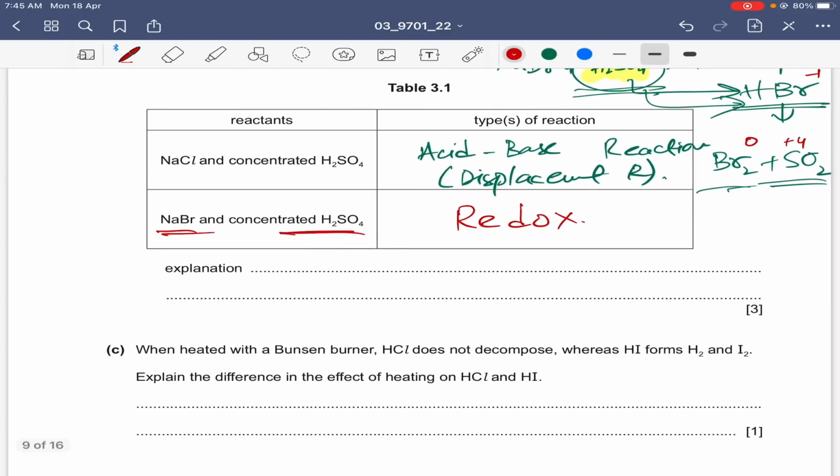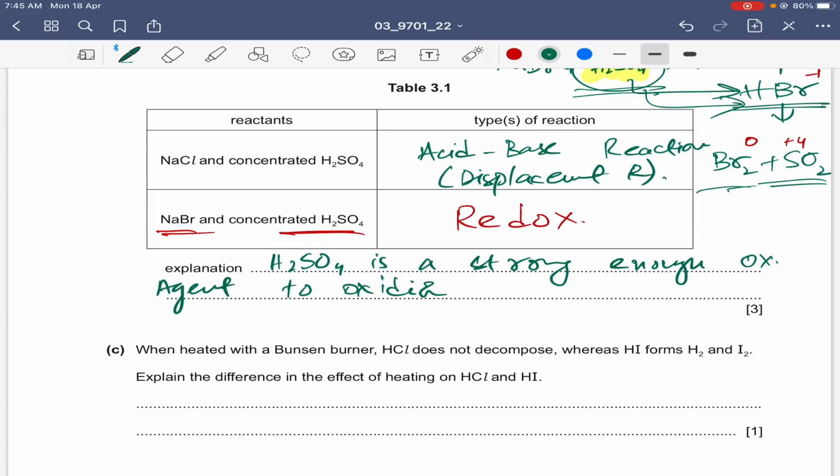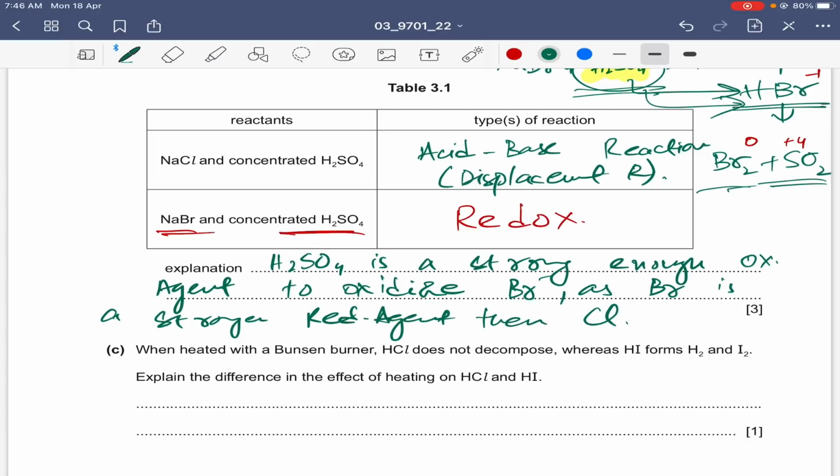And the explanation for this difference in reactions is that H2SO4 is a strong enough oxidizing agent to oxidize Br minus, as Br minus is a stronger reducing agent than Cl minus, right?